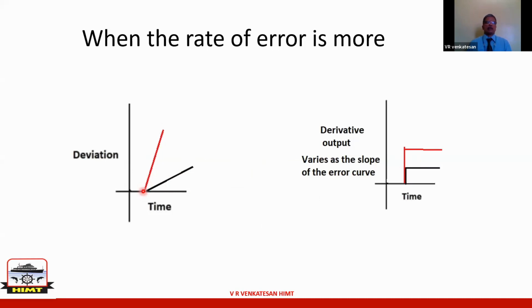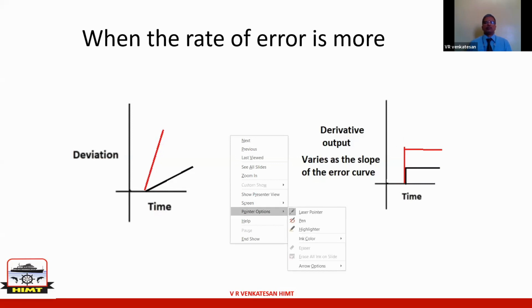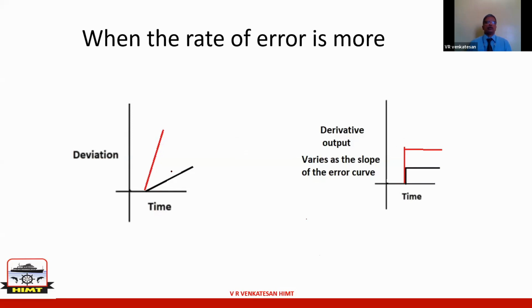That means the water level is dropping fast, temperature is rising fast. Then the immediate output you get is this much. What is the reason for the difference? The reason is it depends on the slope. Black or red line, which has got a higher slope? Red. Red line has got a higher slope, so you get a greater output.